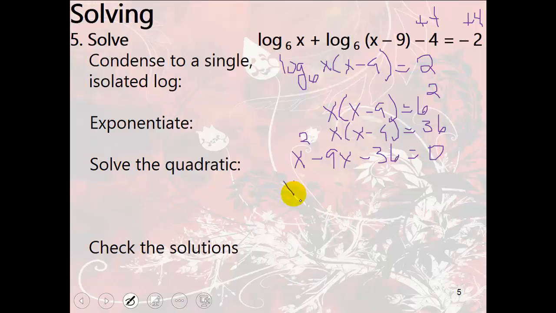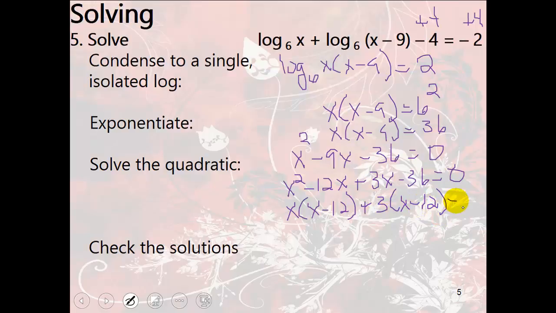This will be x squared minus 12x plus 3x minus 36 is equal to 0. And I'm going to factor, so I get x times x minus 12, and then I'm going to factor out a 3, and I get 3 times x minus 12. And now my two factors are x plus 3 and x minus 12 equals 0. And when I set those equal to 0, then this one becomes negative 3 and this one becomes positive 12.